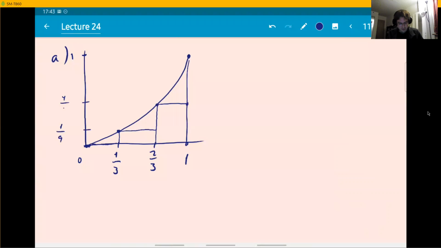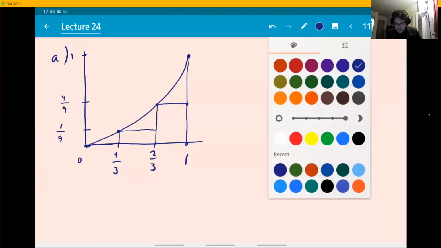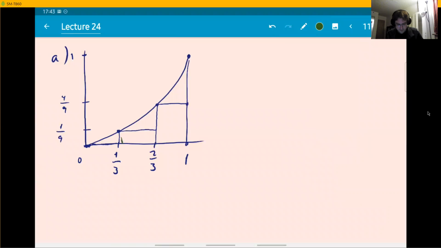Okay. So maybe I'm going to draw this in green here. The sum of the areas of the rectangles is the approximation to the integral. The green area is equal to just three rectangles, but one of them has area 0 because it doesn't actually exist. The other ones have base 1/3 and heights of 1 over 9 and 4 over 9.